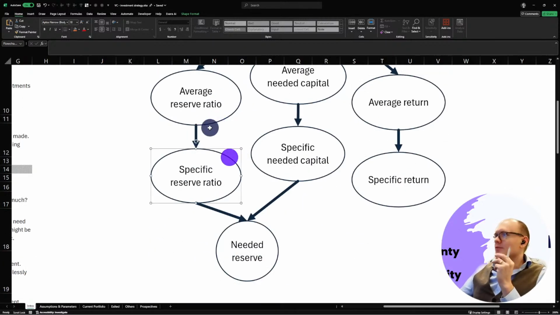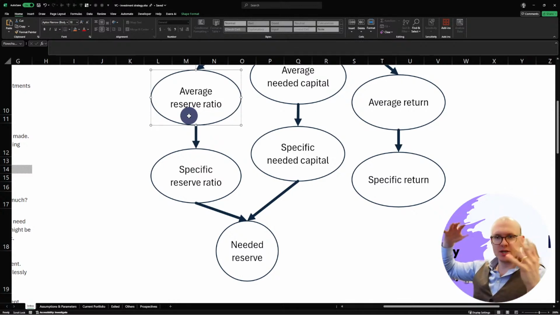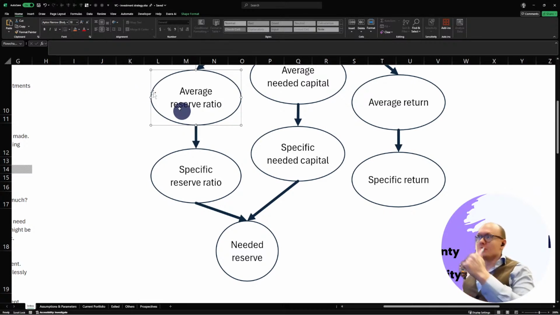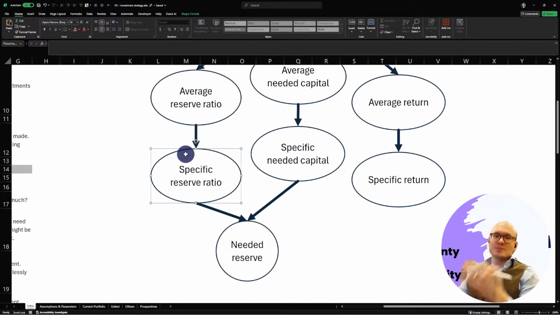Now, each portfolio company doesn't follow the average reserve ratio, right? This is some sort of hierarchy of a descriptor for the category in total, not just for the ones we are looking at. So if we know what this number is, we can use it to say something about what the specific reserve ratio needed is for each individual portfolio company.